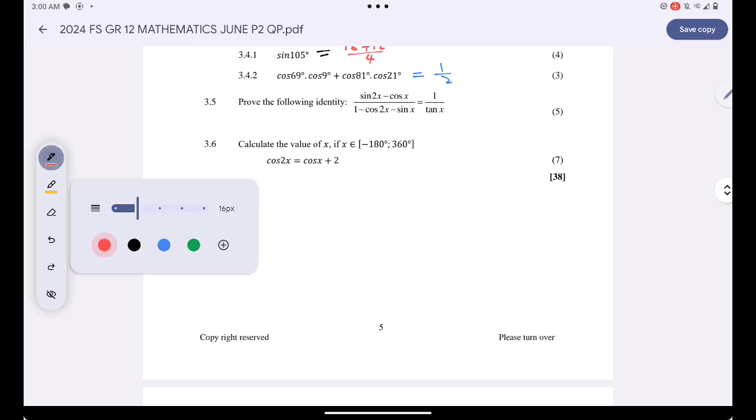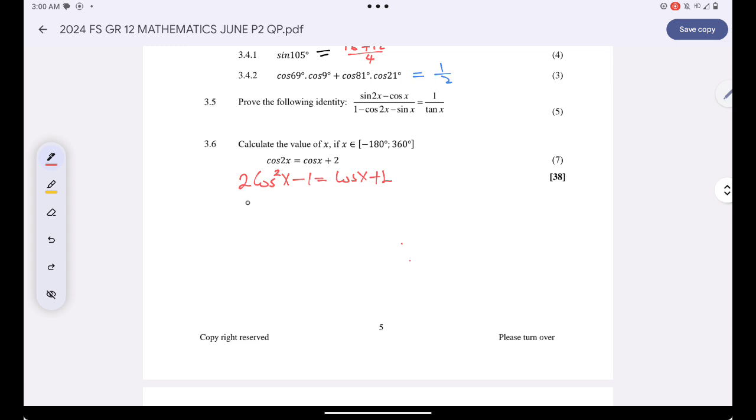I can work with cos only, right? So that means this guy will be 2 cos squared x minus 1. Then I must put everything in standard form. I have 2 cos squared x minus cos x minus 3 is equal to 0.